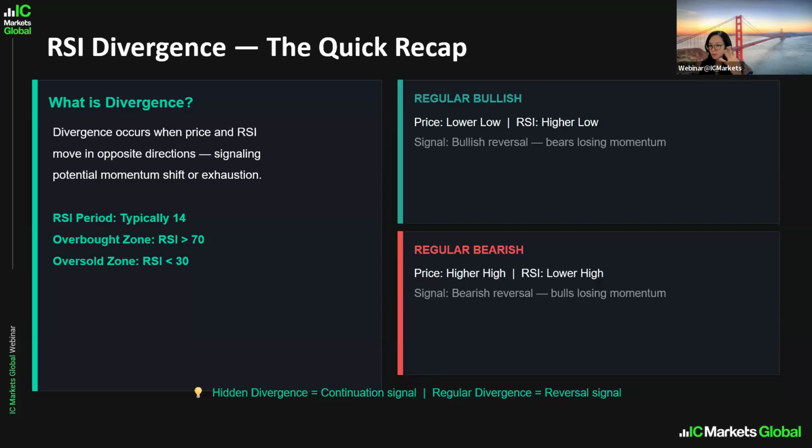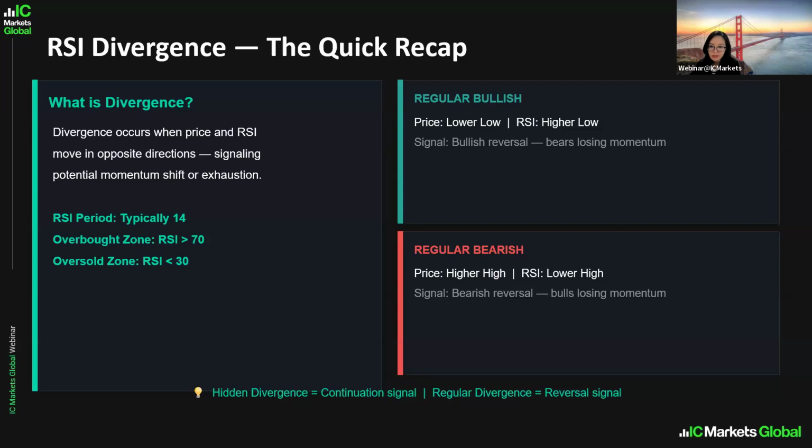We know that the overbought zone is when price stays above 70, and the oversold zone is below 30. I know that some traders might say 80-20, or 75 and 20, but I personally just stick with 70 and 30, the default setting. I did not use more than that.